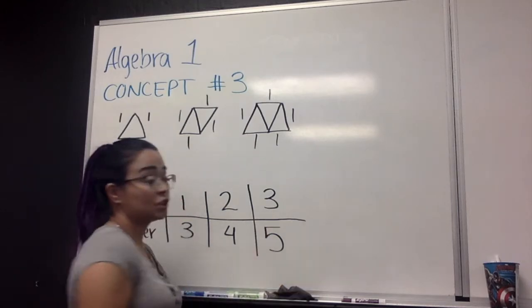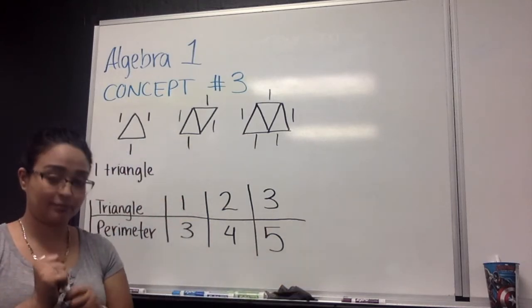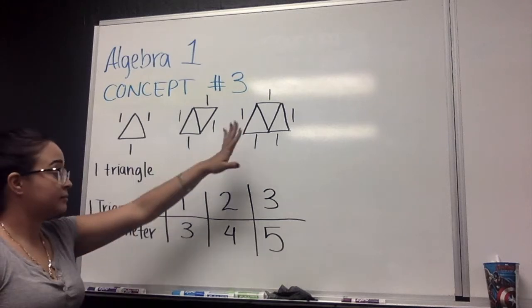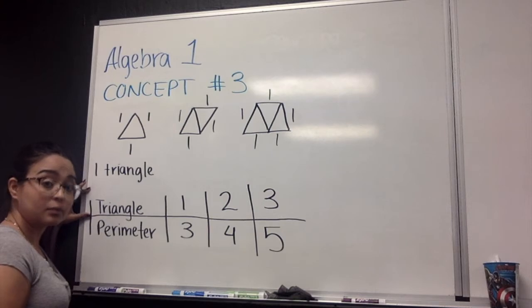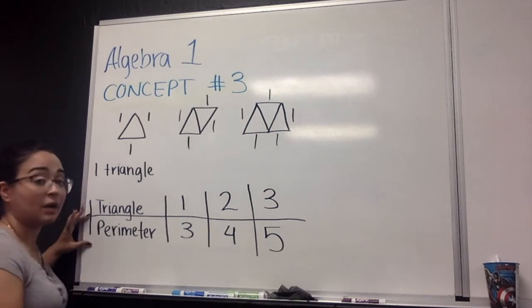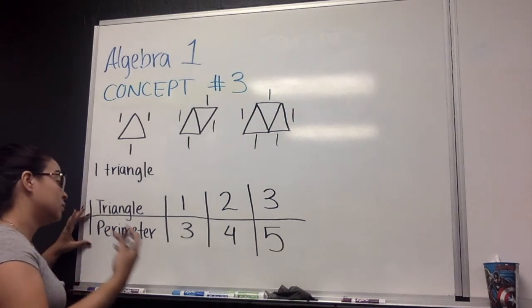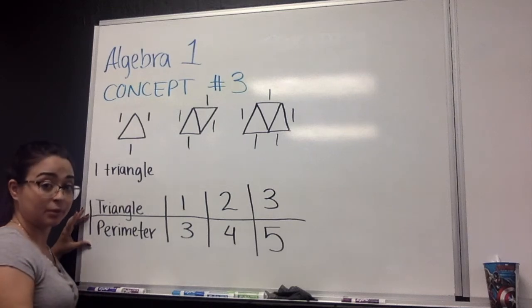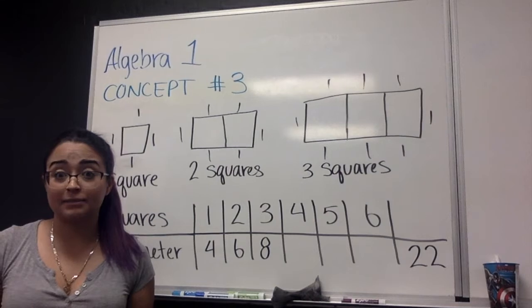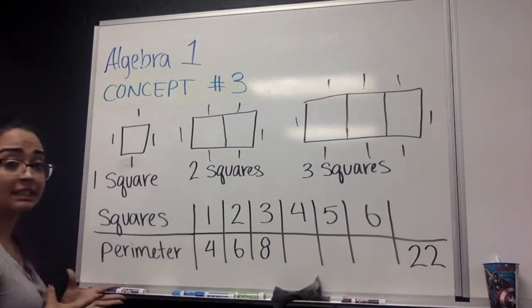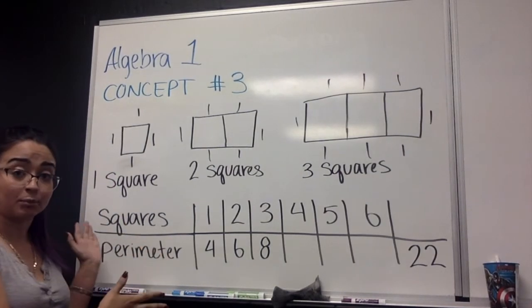And so it continues. This is our pattern. Our independent variable or input and our output, which is the dependent variable. Does that make sense?